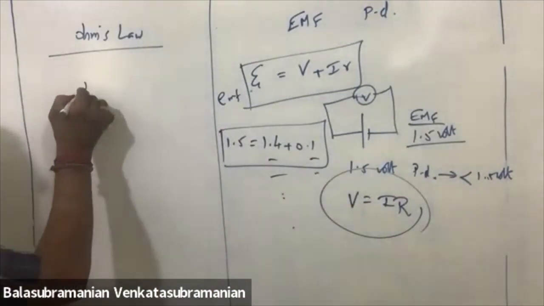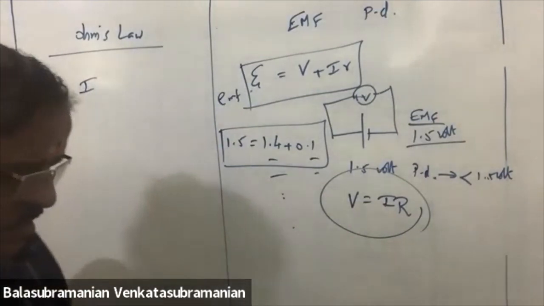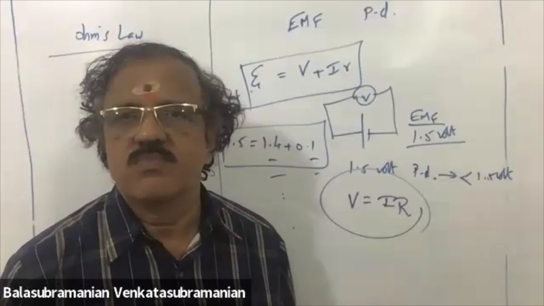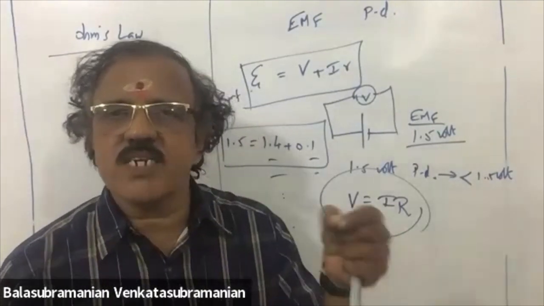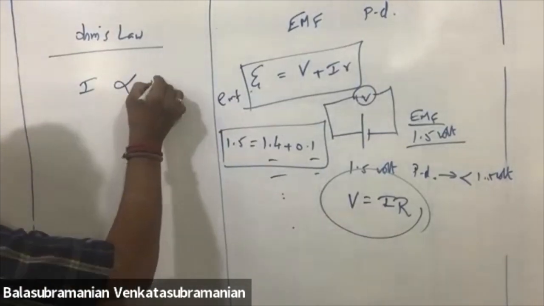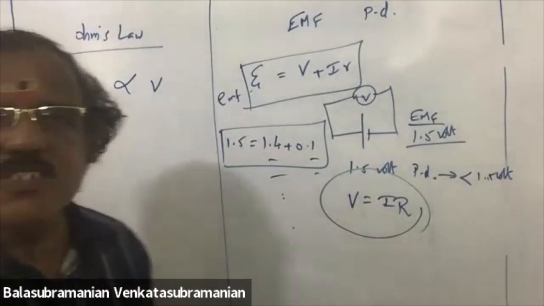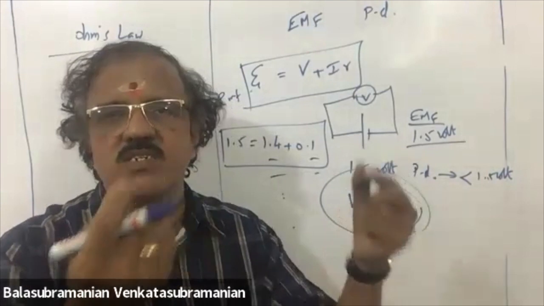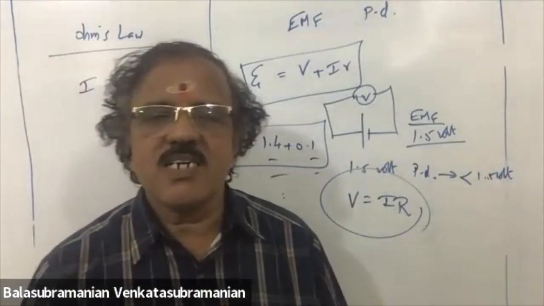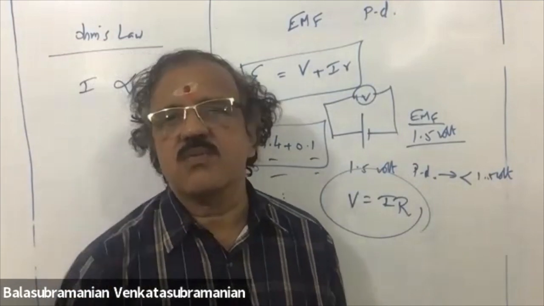The current passing through the wire, when subjected to an external electric field, is proportional to the potential difference between the two ends. And the main concept here is at constant temperature.